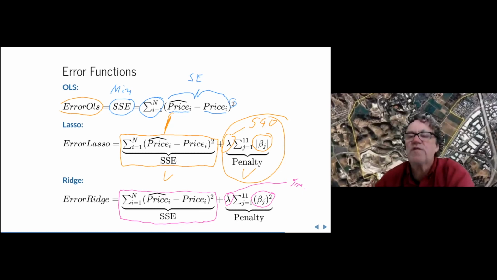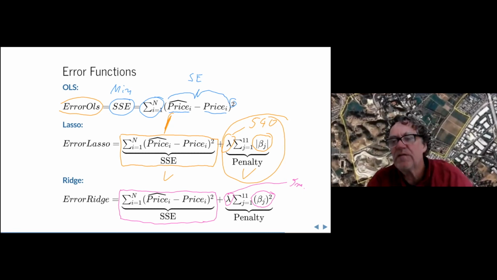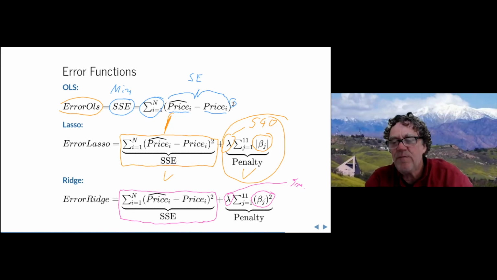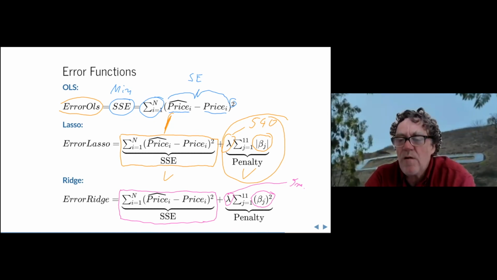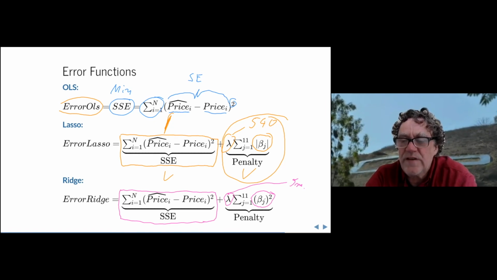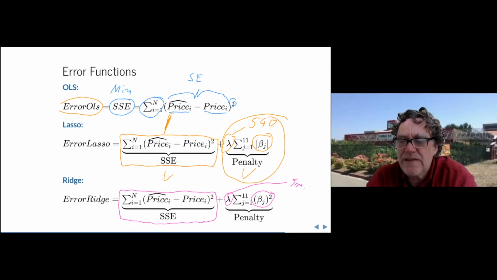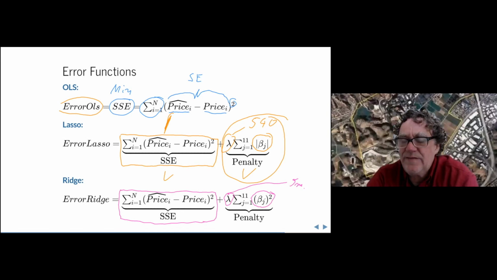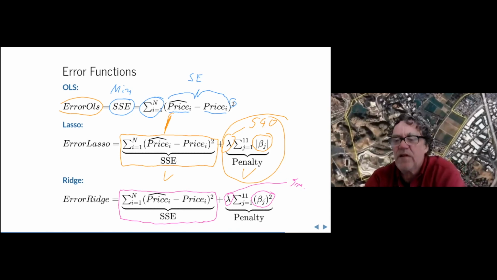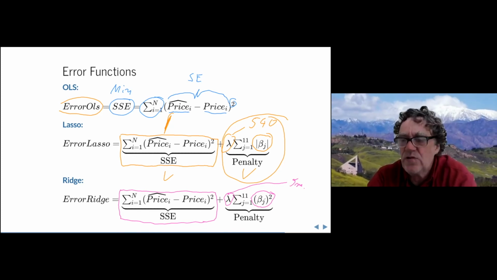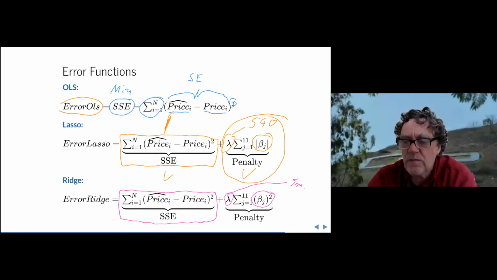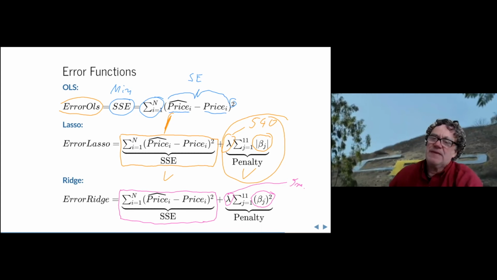We want to use normalized values because you can imagine if we measure something in miles, our beta might be relatively low. If we measure something in feet, our beta is relatively high. So we have to normalize our values. But the good message is our procedure does that internally, automatically. We don't have to deal with it.